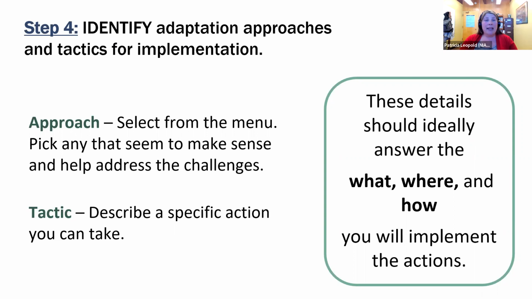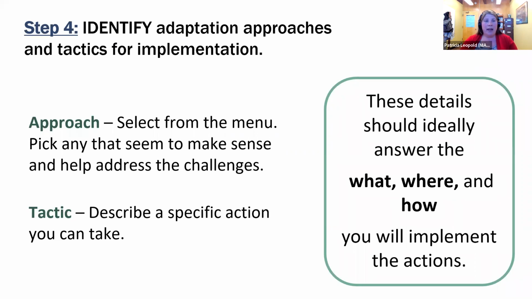So you'll select from the menu that approach, and you'll just read through them all and think about any and all of them that seem to make sense and help address the challenges for your particular project. So just pull those out, even if you're not sure about them right now, and set those aside.